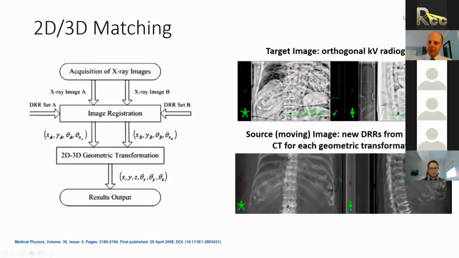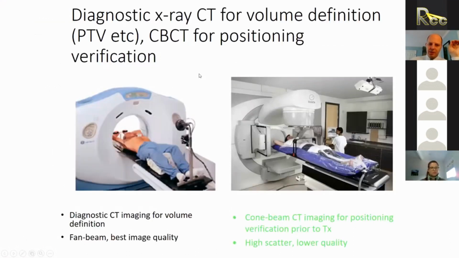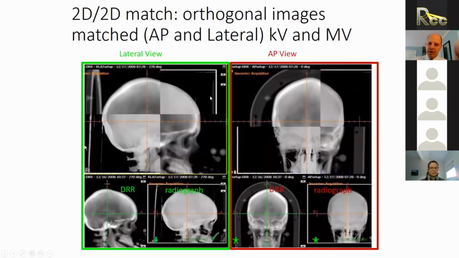And here again are some examples of the orthogonal kV radiographs and the DRRs as well. This is taken from a paper, where you can see the process that happens for a 2D/3D matching. 2D/3D matching is a little bit different from what we would think of as a 2D match. In a 2D match, you have a single projection image, a DRR created from your simulation CT at 2 orthogonal angles, and then you just basically use those.